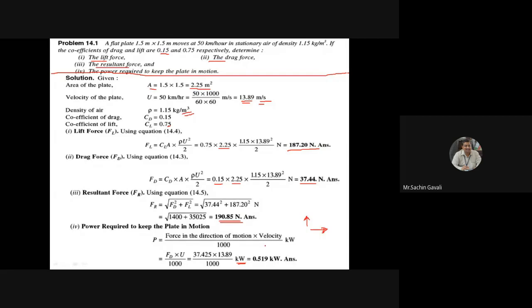So to keep the plate in motion, which component is responsible? Lift force is not responsible in that case. Only drag force is responsible.